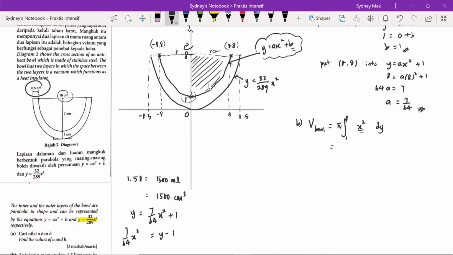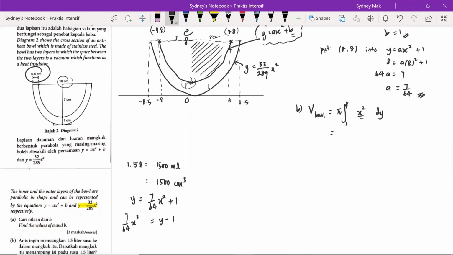And x squared equals 64/7 times (y minus 1). All right, so with that, let's just substitute the x squared in. So we have the integral from 1 to 8 of 64/7 (y minus 1). Now, we can factorize this out, 64 pi over 7, and then we integrate (y minus 1).